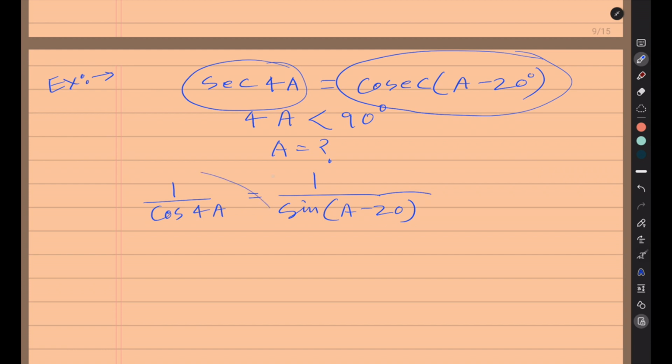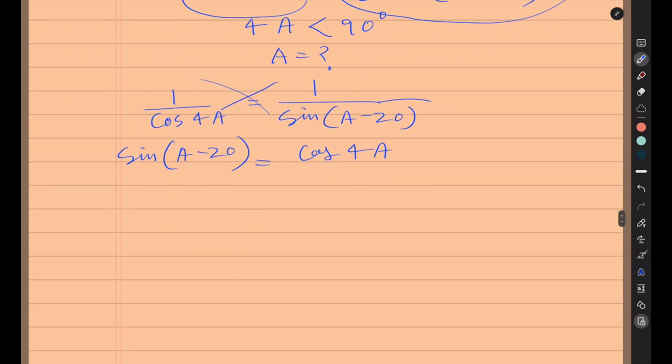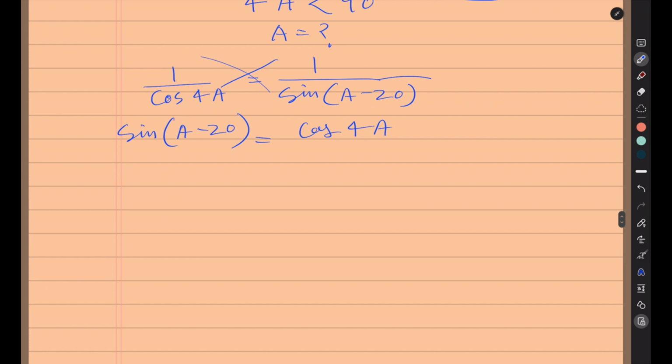Now just do the cross multiplication. The cross multiplication is done just to make it in a little bit easier form to understand.